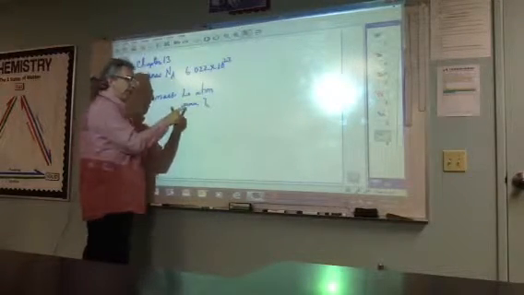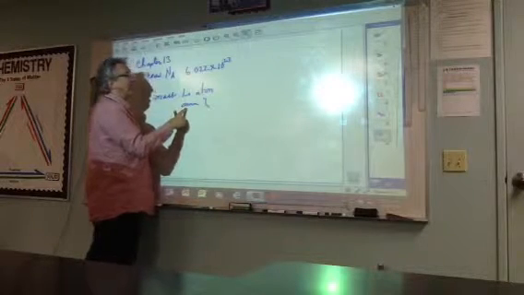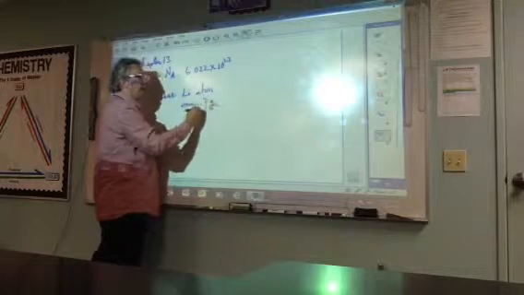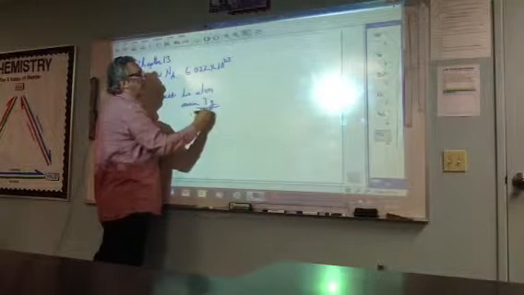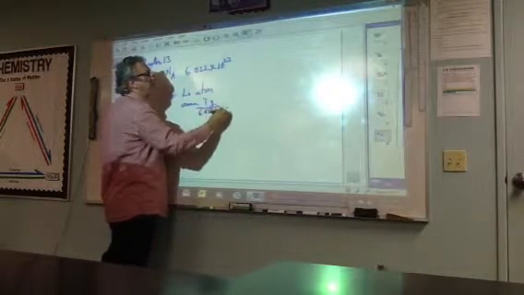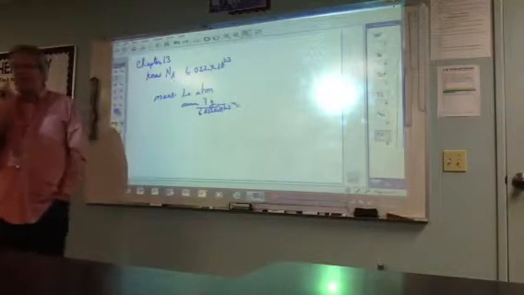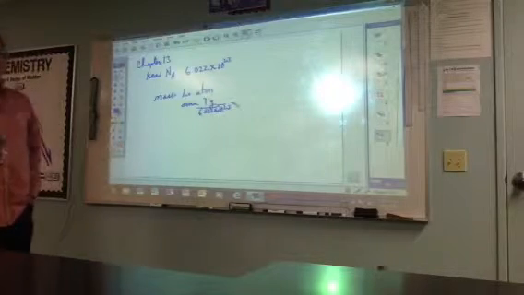But remember, this is a relative scale. If I had 1 mole, this would be 7 grams, and 1 mole represents 6.022 times 10 to the 23rd. So if you divide the 7 by Avogadro's number, you have the mass of 1 lithium atom.